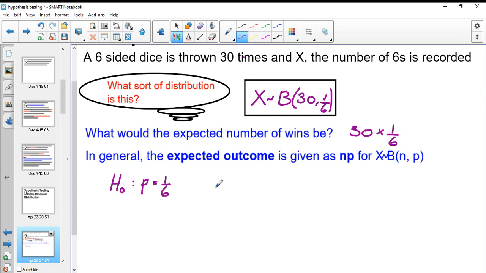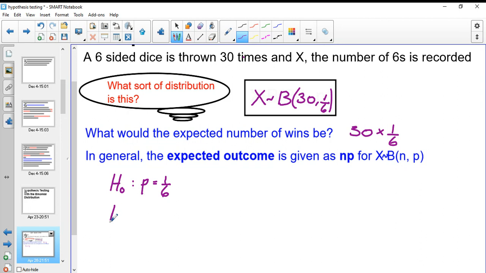But let's say someone plays the game and throws the dice 30 times and they don't get a 6. And they say, actually, I don't think the dice is fair. I think it's loaded. It's not giving me a 6.